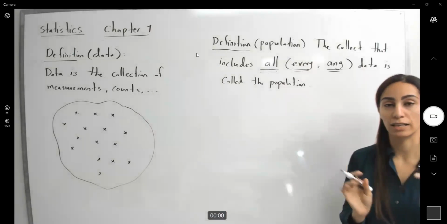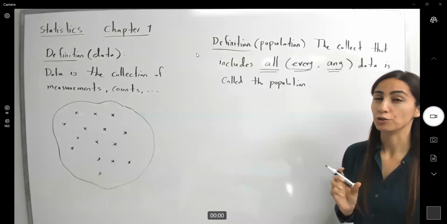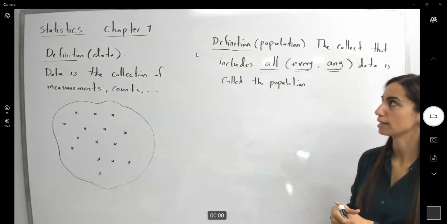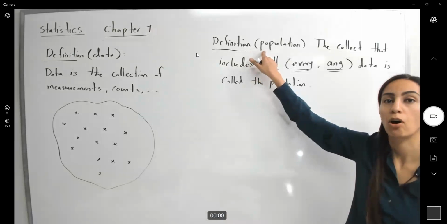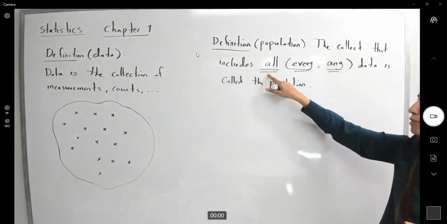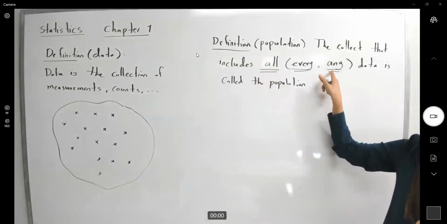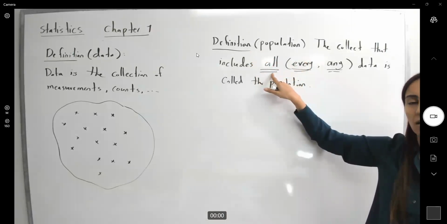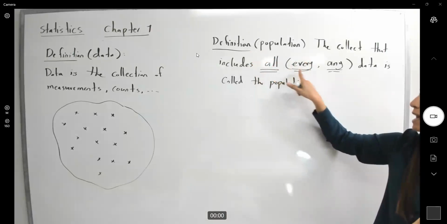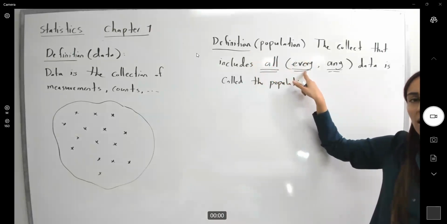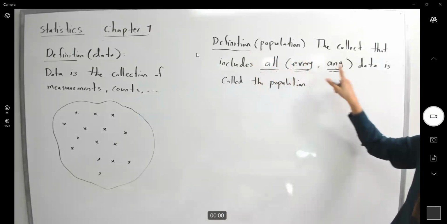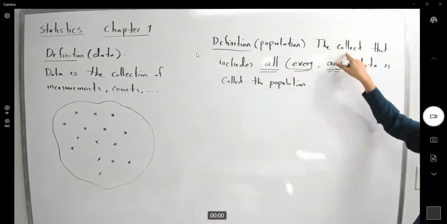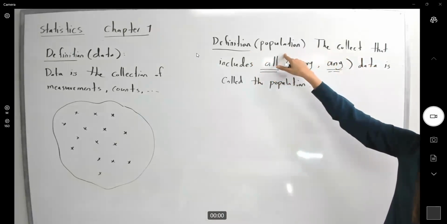Guys, it's important. When you read a paper, an example, a book, or study for your exam, to identify the population, you need to look for one of these keywords. All data, all measurements, all counts, every measurement, every count, any measurement, any count, it refers to the population.